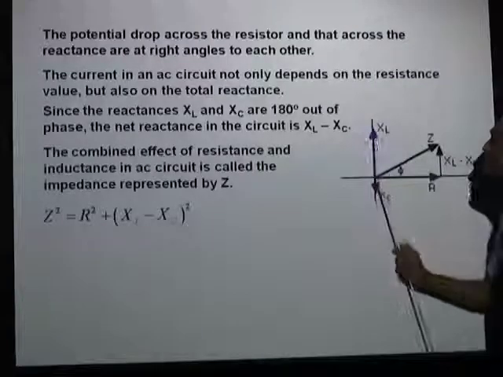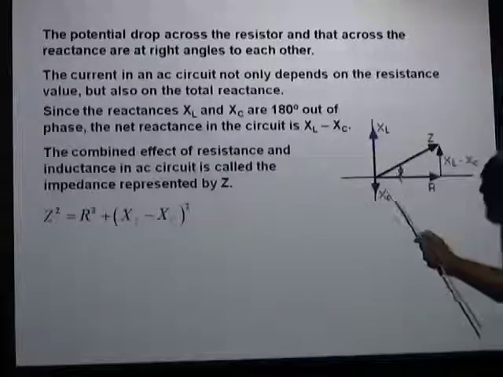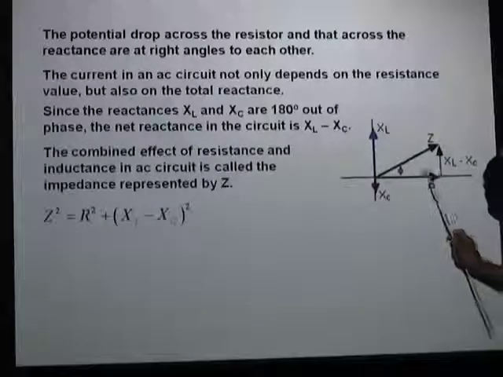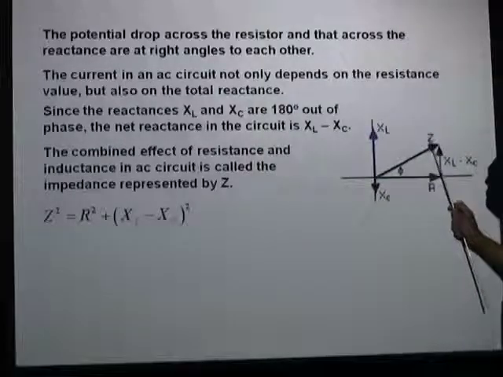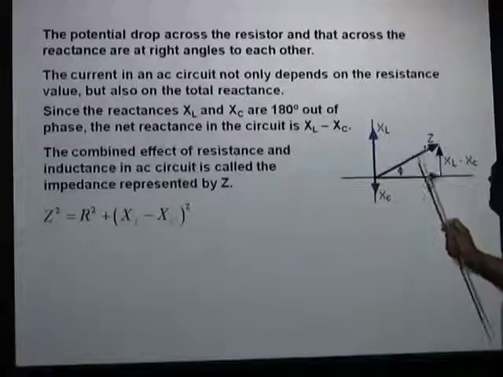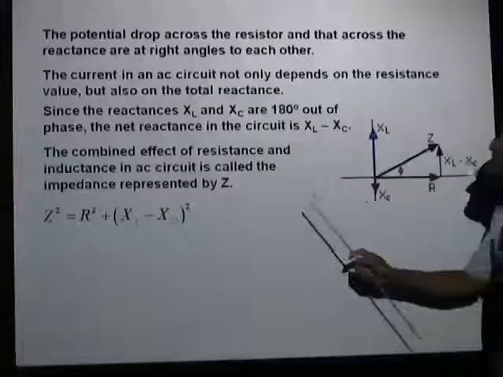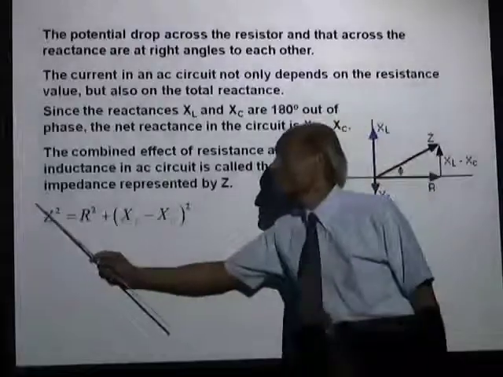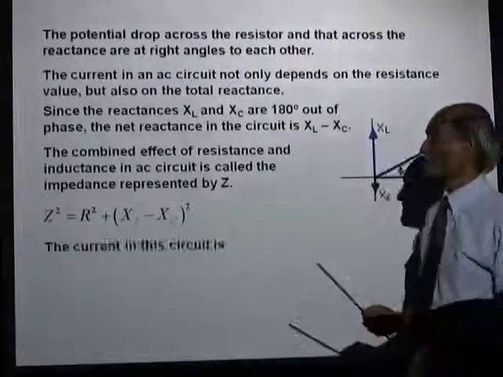Look at this, XL minus XC is this vector. R is this vector. Therefore, the total impedance is the third side, which is the Z. So Z squared equal to R squared plus (XL minus XC) squared. So this is the total impedance for the LCR circuit.